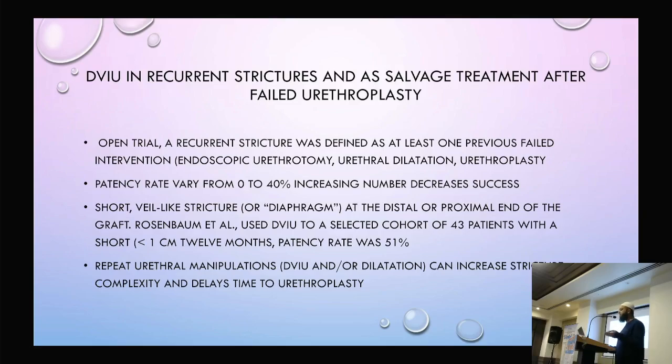We can expect from 0 to 40% patency rate, but the success decreases as the number of procedures increases. The only ideal post-urethroplasty patient is one with a short diaphragm-like narrowing, either at the anastomotic ends, proximal or distal. There we can expect a good outcome. In 43 patients studied with less than 1 centimeter of wheel-like diaphragm, DVIU yields a 51% success rate.